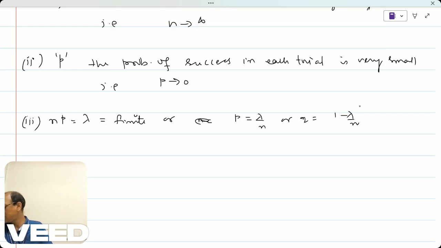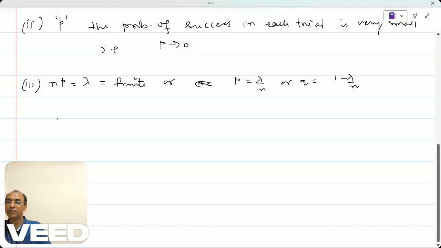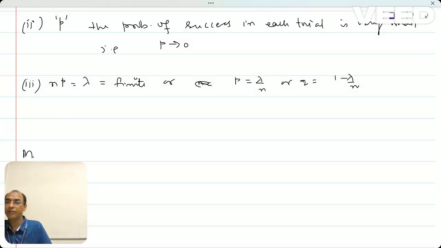Here I am not giving the detail of the binomial derivation. I will go for the MGF, the moment generating function of Poisson distribution.